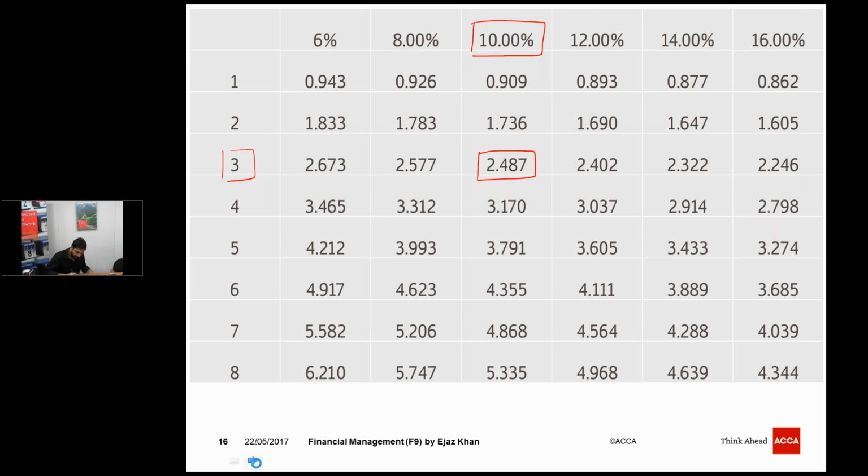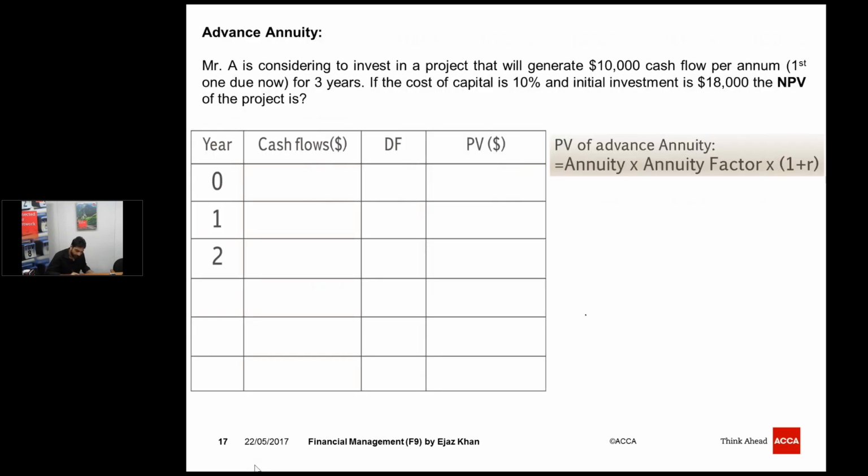So let me give you a question. Forget about this question. I'm writing the question here. Just note down this question: 0, 1, 2, 3. Suppose you are going to invest $20,000 in this project, and every year you're going to receive $12,000 for 3 years.